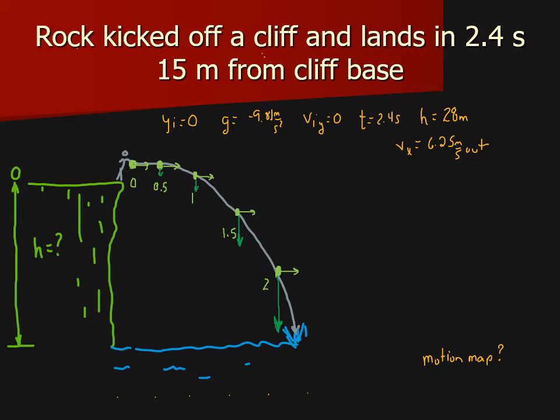So now we actually can show vertical velocity as well. And, oh, wait, there's more. We also can then have acceleration vectors. In all cases, the acceleration here is gravity, so we can show gravity with equal arrows.